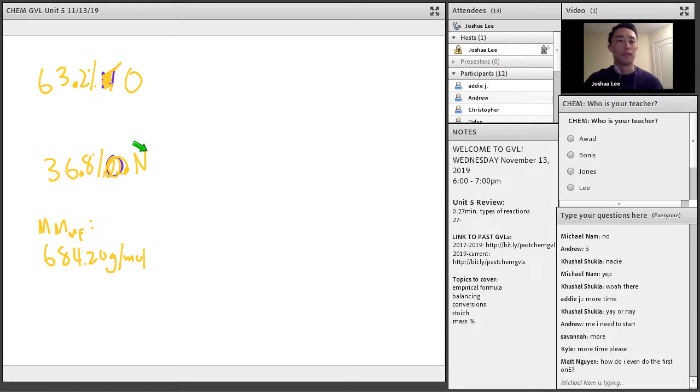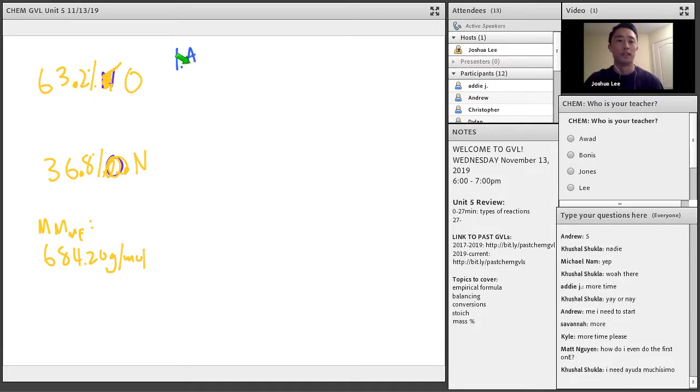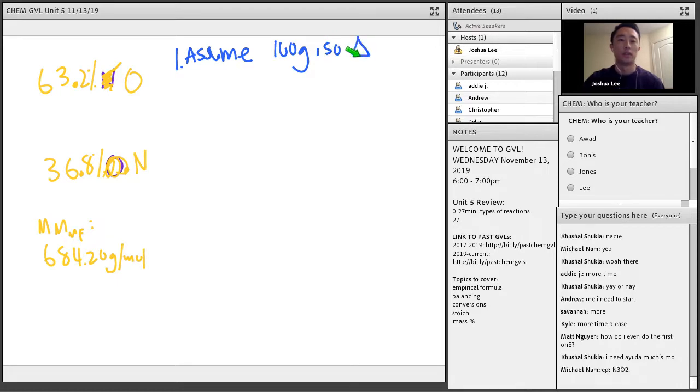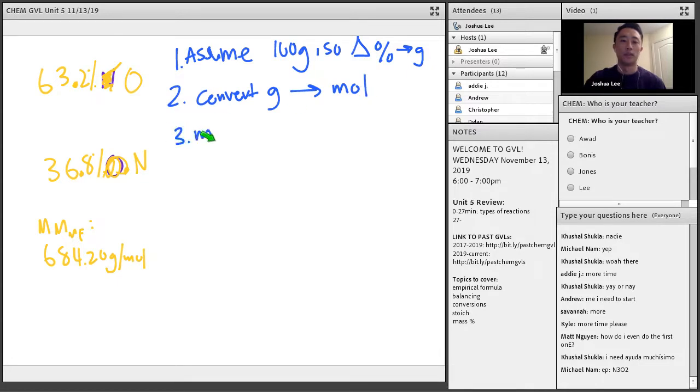So I guess I'll write out the steps for you. Step 1: assume 100 grams, so change the percent symbols just into grams. Step 2: convert grams into moles. Step 3: find the mole ratio by dividing by the smallest mole.